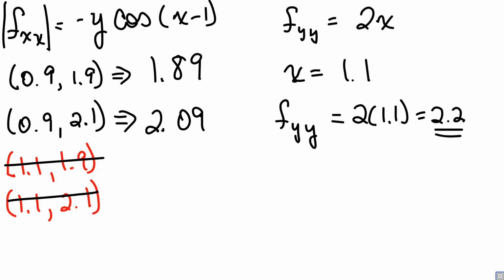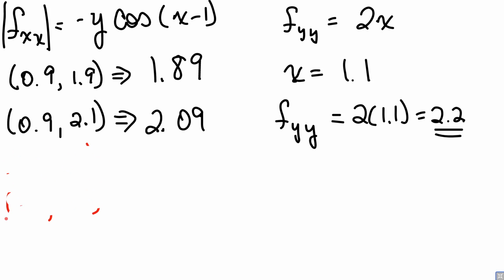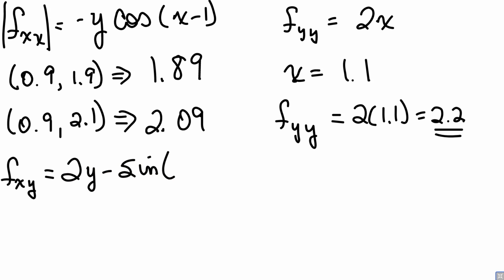All right. So now the last thing we're going to do is take a look at the mixed order. With the mixed order, we have to be careful this time around. For the mixed order partial, we got a value of 2y minus the sine of x minus 1.